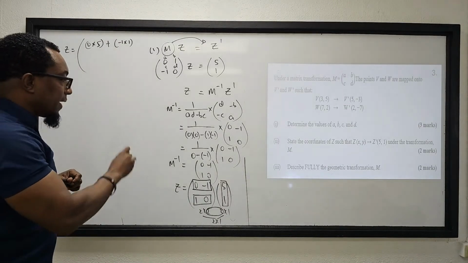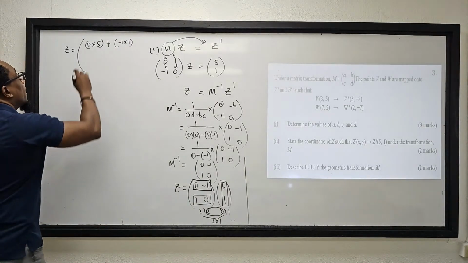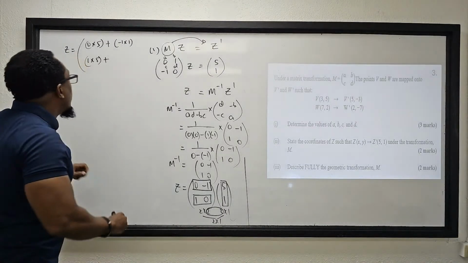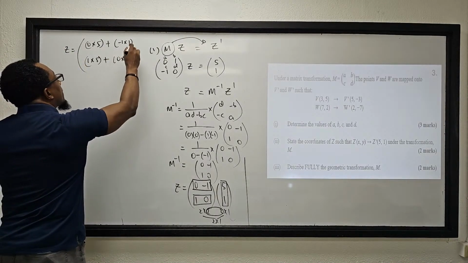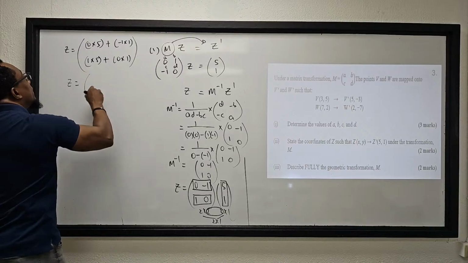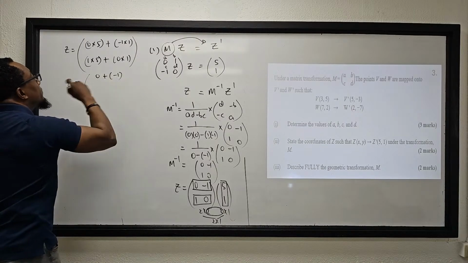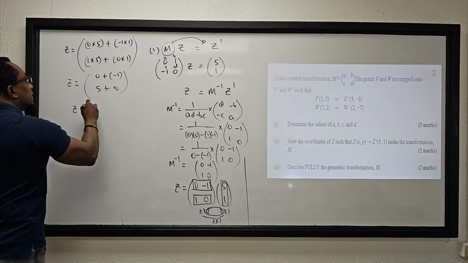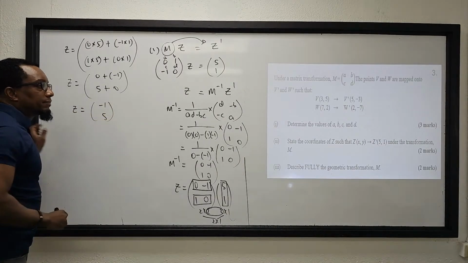Then we're going to have the second row by my only column, this is 1 by 5 plus 0 by 1. So Z will be equal to 0 plus negative 1, and this is 5 plus 0. So Z is equal to negative 1, 5.